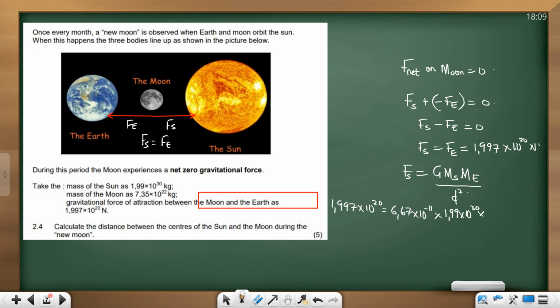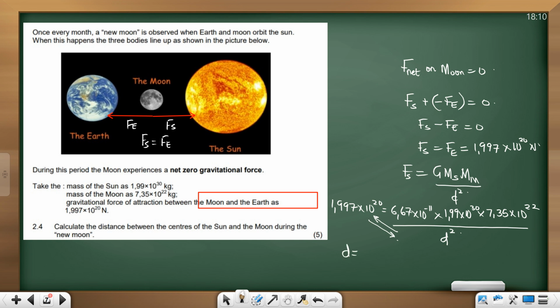What is the mass of the earth? Okay, why are we looking at the mass of the earth? It's the sun and the moon. Sorry. It is the sun and the moon. Mass of the moon is 7,35 times 10 to the power 22 over D. And that's what we are looking for. Look, mathematically, let me teach you something here. You can just swap these figures.